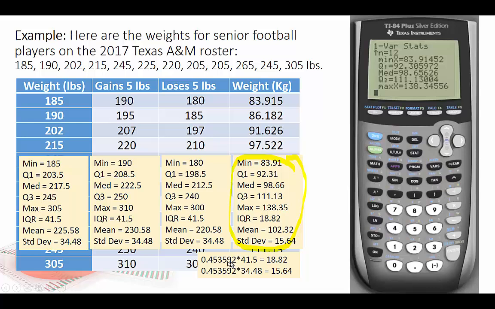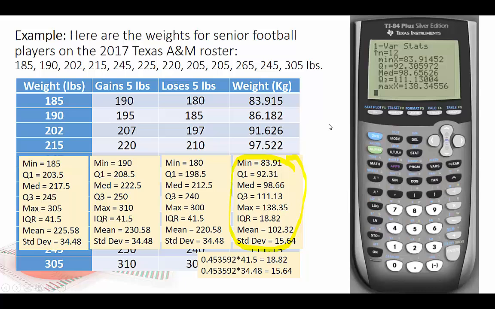Well, if you actually went ahead and multiplied that IQR by the conversion factor for kilograms, you get the IQR we generated from the data. Same thing for the standard deviation. So here, if you took every one of these numbers and multiplied by this conversion factor, you would get these new numbers from the original.